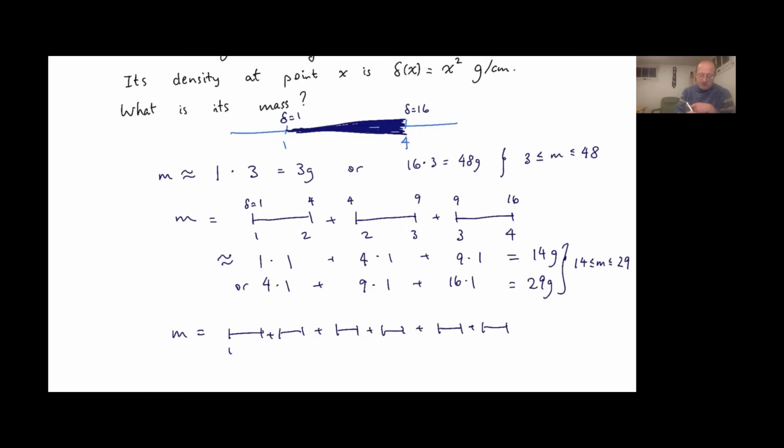So x is going 1 to 1.5 to 2 to 2.5 to 3 to 3.5 up to 4. And the densities are going from 1.5 squared is 2.25, 2.5 squared is 6.25, 3.5 squared is 12.25.